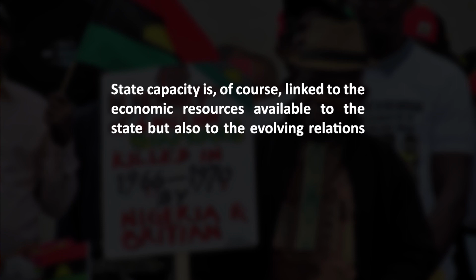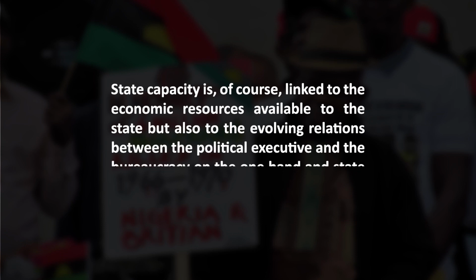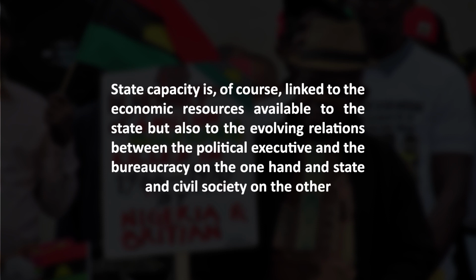State capacity is of course linked to the economic resources available to the state, but also to the evolving relations between the political executive and the bureaucracy on the one hand and state and civil society on the other.